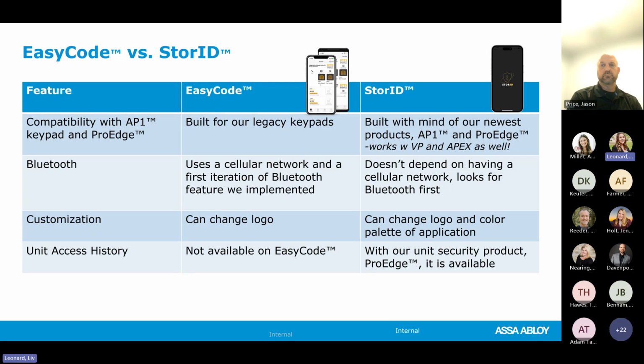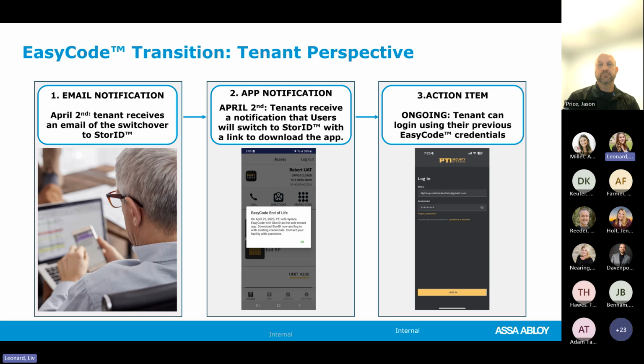So with the Pro Edge, you can see who unlocks or locks a smart latch, and you can also see the timestamp associated with that. So with all that being said, let's move on to how you can transition over from EasyCode to StorID.